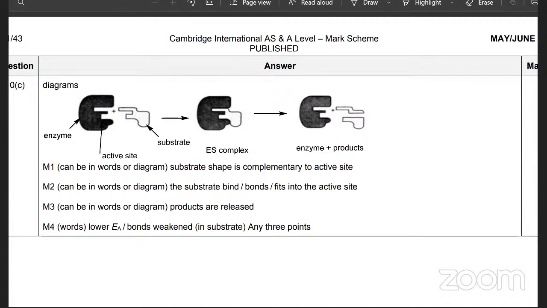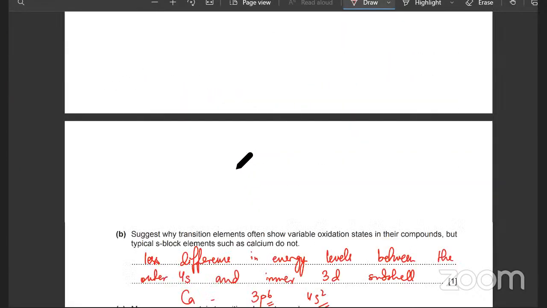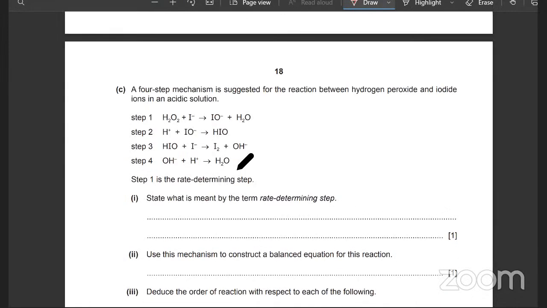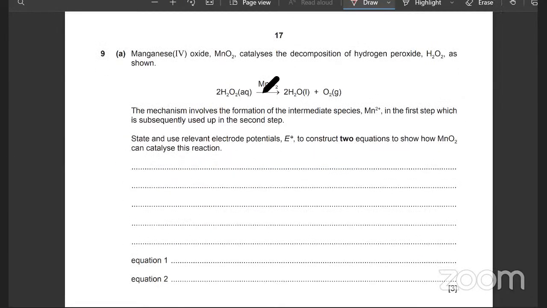Now, the other question, let's move to the previous question now. This one is, you've got manganese MnO2 catalyzes the decomposition of hydrogen peroxide as shown. The mechanism involves the formation of the intermediate Mn2+ in the first step, which is subsequently used up in the second step.